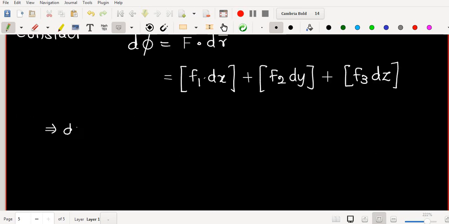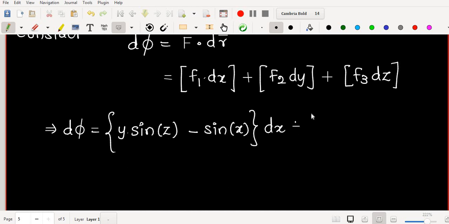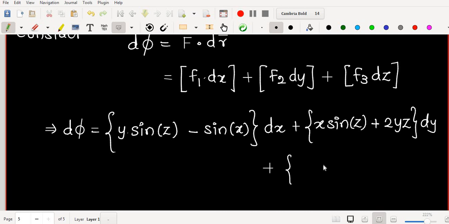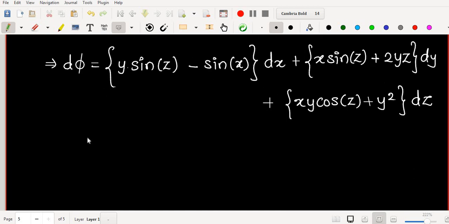So this implies d phi is equal to, our function f1 is y into sin z minus sin x dx plus f2 is x sin z plus 2 times yz into dy plus f3 is x y cos z plus y square into dz. So from this expression we need to find value for the scalar potential phi.